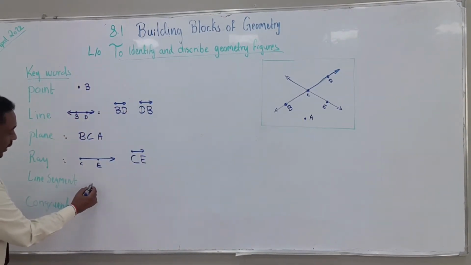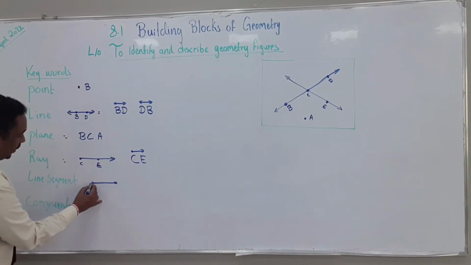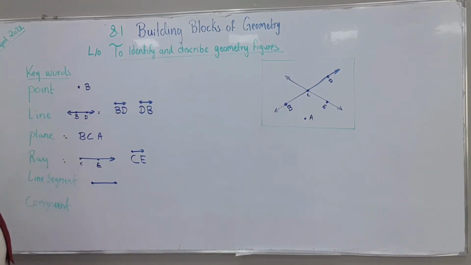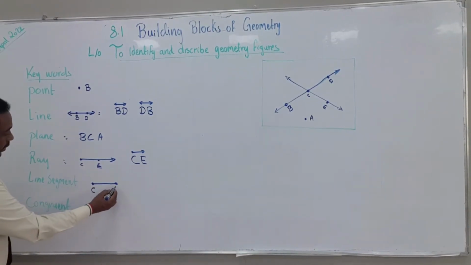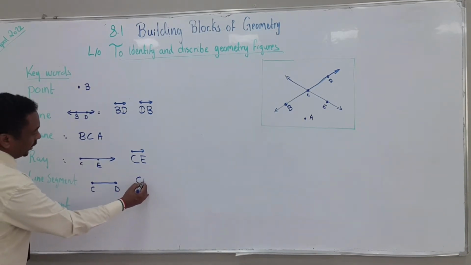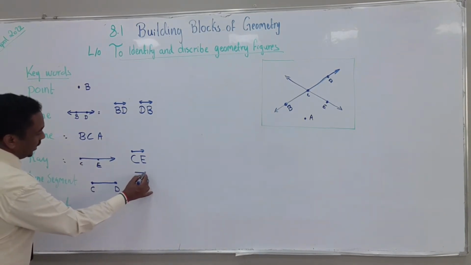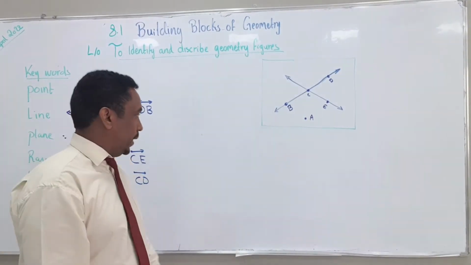It will look like this, with end points on both sides. We can call this, let's say, CB. So we have CB, representing the line which has end points on both sides.